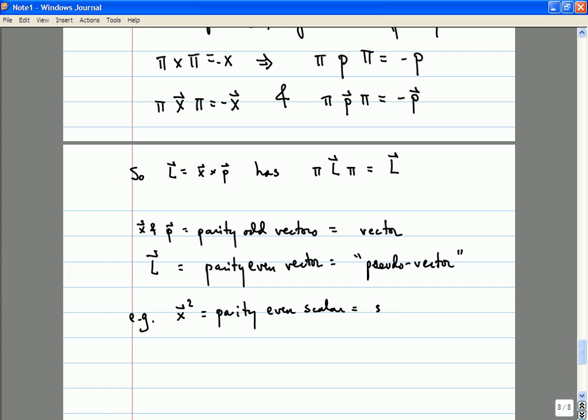Okay. But, for example, if you take the spin of a particle, dot it into its position, so this would be an example of the interaction term for a particle in a magnetic field, for example. Then spin is going to be parity even, just like angular momentum. So that's some parity odd scalar, which is known as a pseudoscalar.